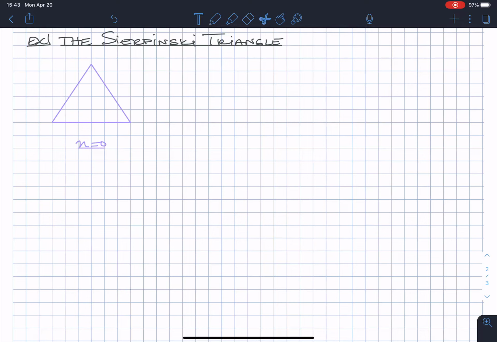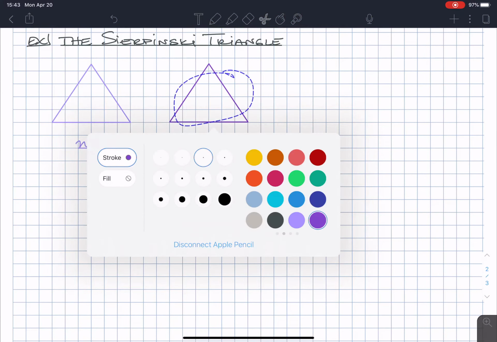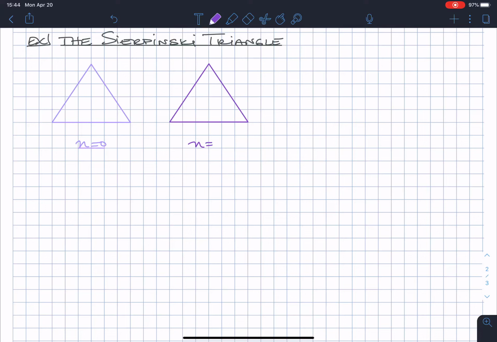Okay, so now let's copy and paste it. And I'm going to change the color to darker purple. So at iteration 1, what we're going to do is draw a triangle upside down inside here, and we're going to cut the middle triangle out.